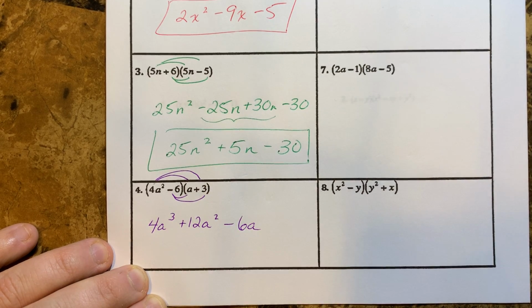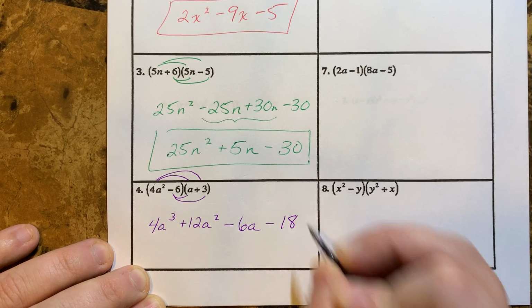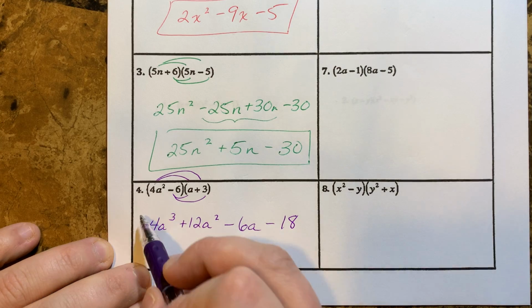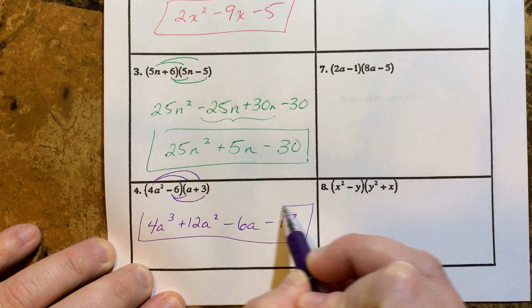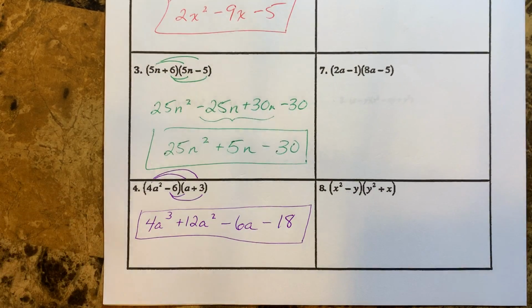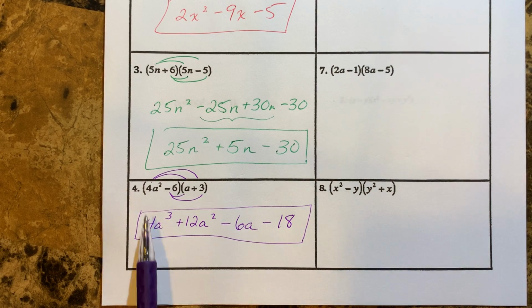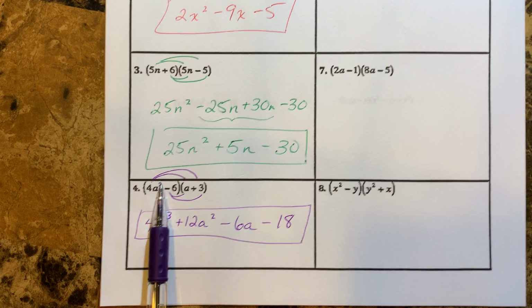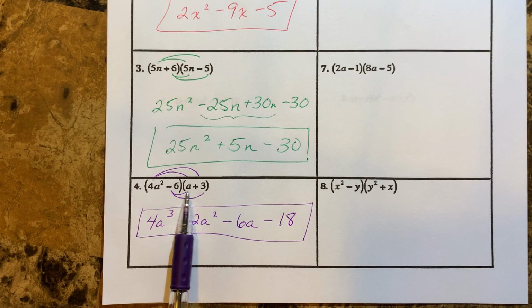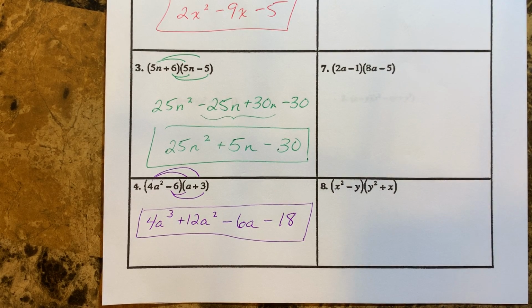And negative 6 times positive 3 is negative 18. And here's an instance where we didn't get a trinomial, nor did we have combining like terms from the middle two values. That was because this started with an a squared, and the other binomial started with only an a. So it caused non-like terms to appear. So we get our final answer just from those 4 multiplications straight away.